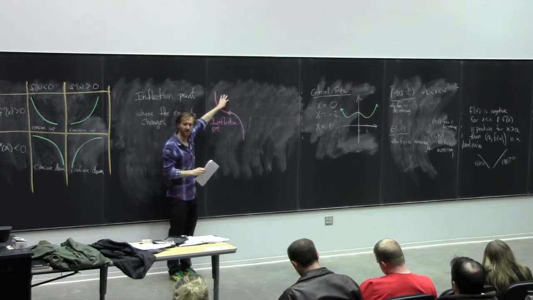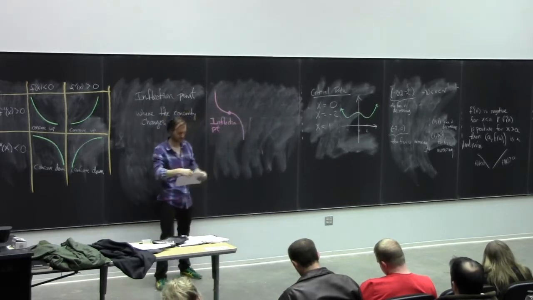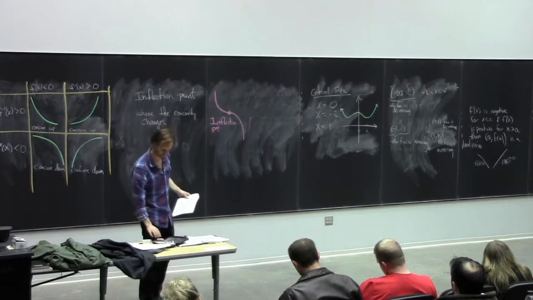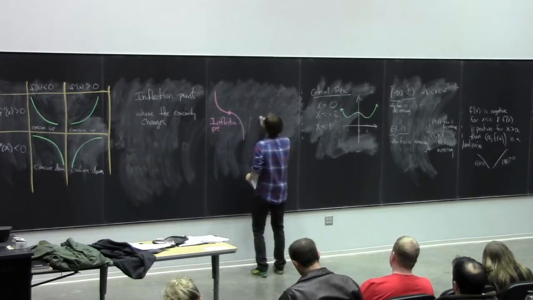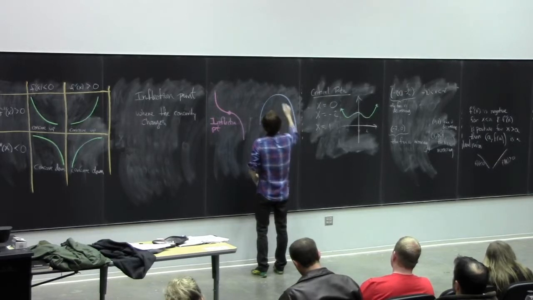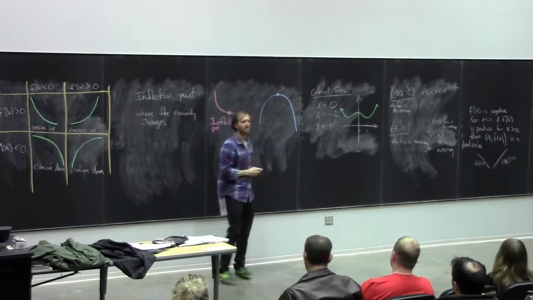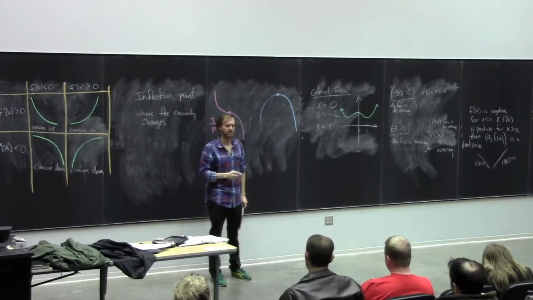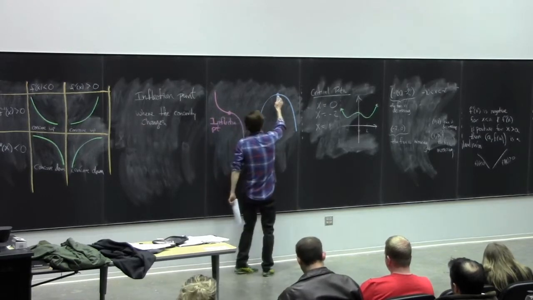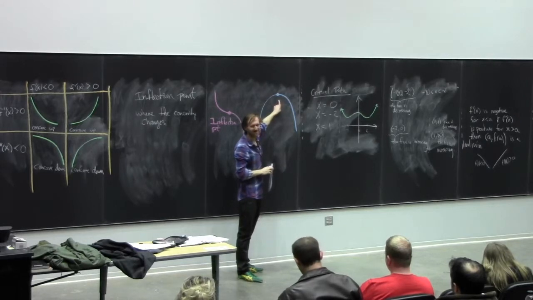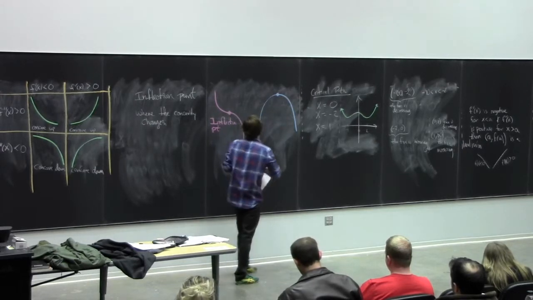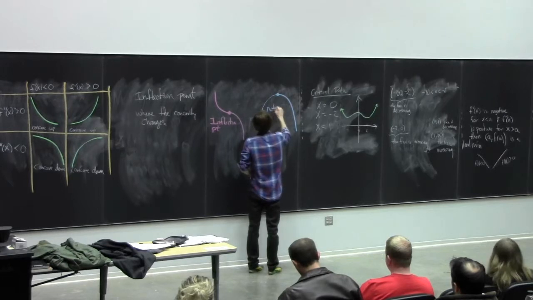It goes from concave up to concave down. Very nice. On the other hand, not an inflection point. The second derivative is still 0 here, but it's not an inflection point. The second derivative is 0 here, but it is not an inflection point.